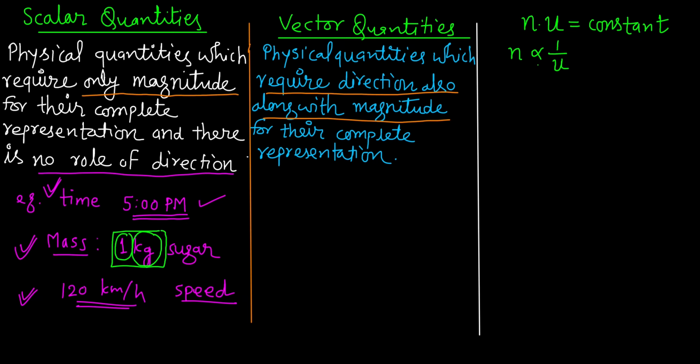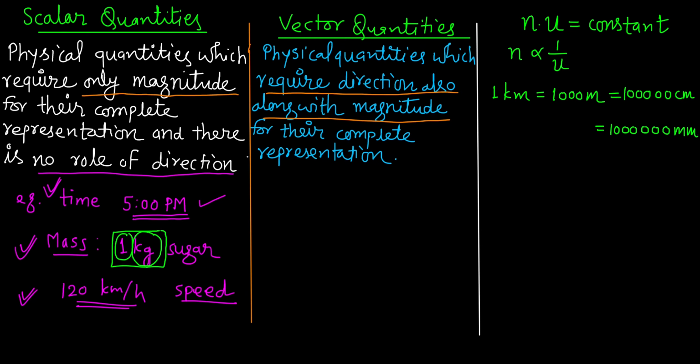You can understand it by an example. Suppose I write 1 kilometer distance. This can be written as 1000 meter, and further as 1000 with two more zeros, which is centimeter, and similarly 1000 with three more zeros, which is millimeter.